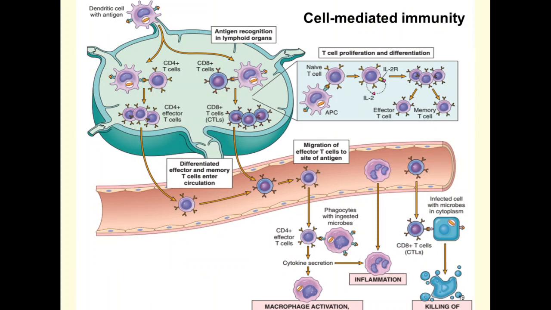So, about cell-mediated immunity. According to this scheme, what do we have? Firstly, cell-mediated immunity is about T cells. There are different types of T cells, but anyway, it is about T cells.